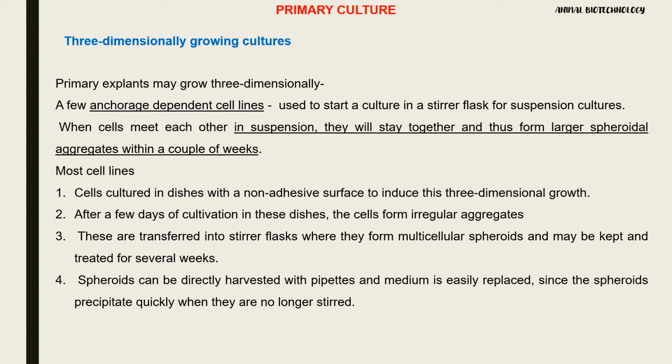Another way of creating three-dimensional primary cultures is by allowing the cells first to be cultured in a dish which has a non-adhesive surface. This will induce three-dimensional growth. After a few days, these cells are transferred into stirred flask where they form multicellular spheroids and can be kept for several weeks.